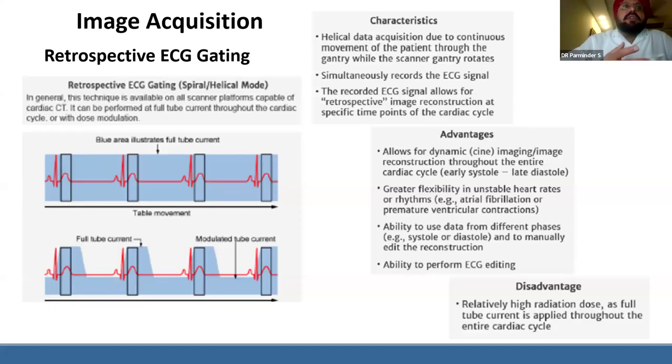Then we need retrospective ECG gating. Further, this provides us the ability to use data from different phases and to manually edit reconstructions. And this provides us the ability to perform ECG editing, which we'll be discussing shortly, for irregular rhythms. But the disadvantage of this approach is that it's a relatively high radiation dose, as full current is applied throughout the cardiac cycle.